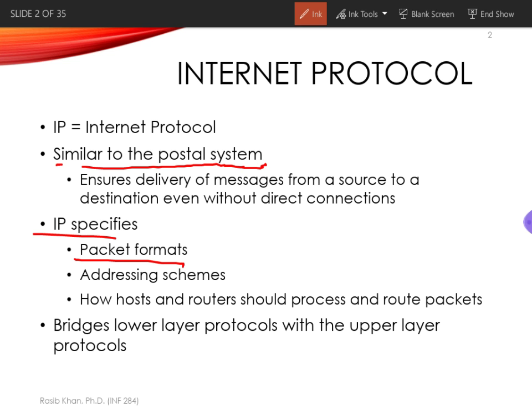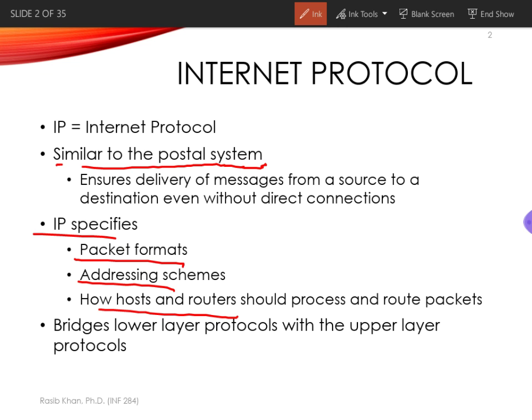There are also many different schemes for addressing hosts that we use based on IP. The most common is the IP address, which I believe should be something that is common to you. So the IP address is a part of the IP protocol. And finally, IP specifies how hosts and routers should process and route packets.